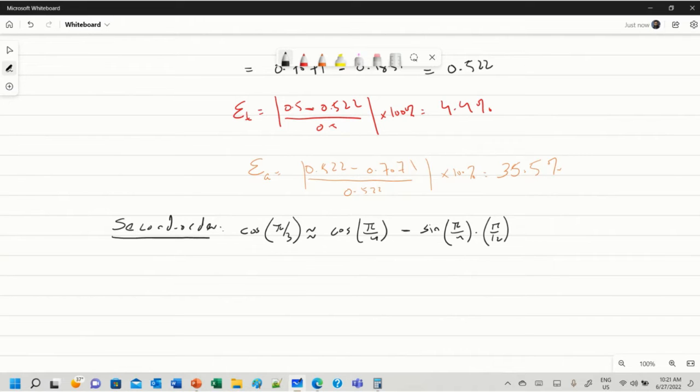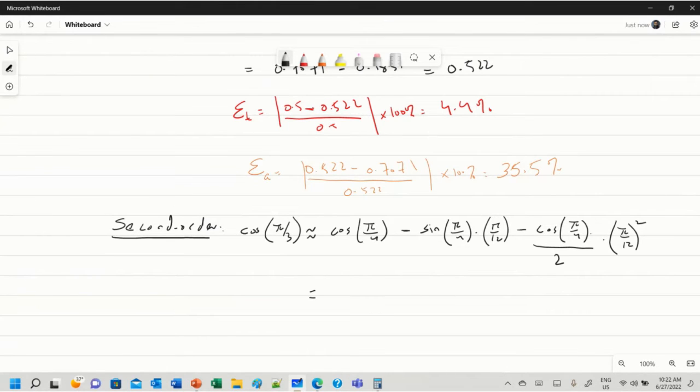So what's the second derivative? f of x is cosine x. The first derivative we said was minus sine x, and the second derivative will be minus cosine x, because the derivative of sine is cosine. So minus cosine pi by 4 divided by 2 factorial multiplied by h squared.